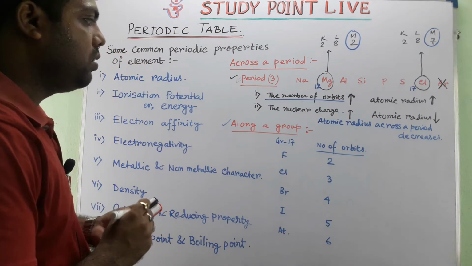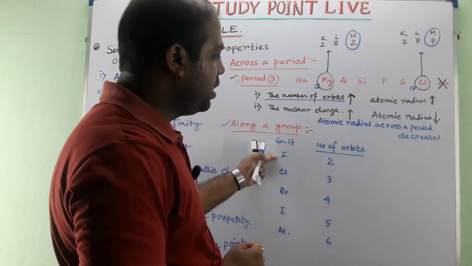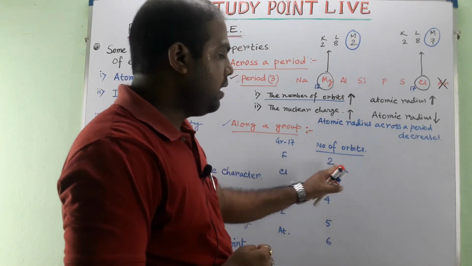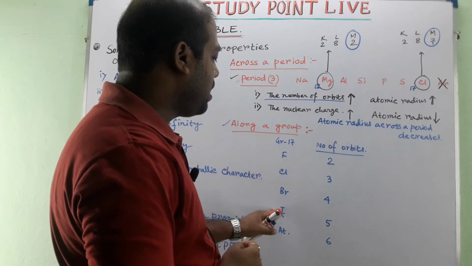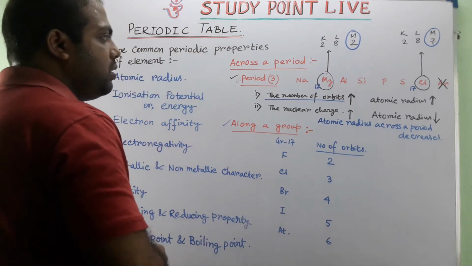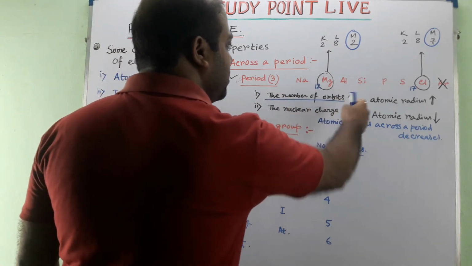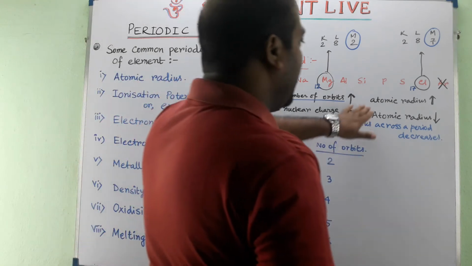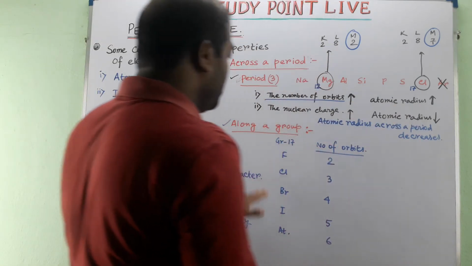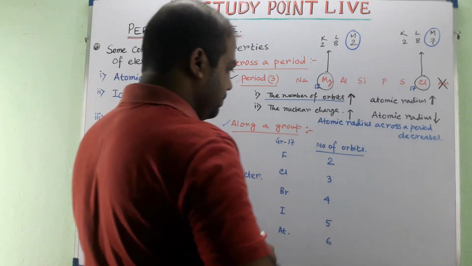That means the last electron of fluorine belongs to the second orbit and the last electron of iodine belongs to the fifth orbit. That's why here the number of orbits increases. So we can say that atomic radius along a group increases.